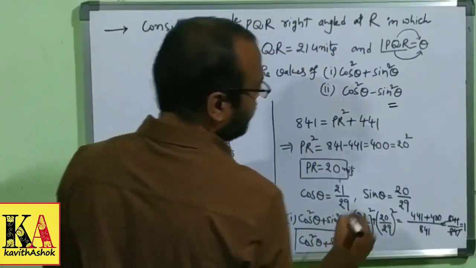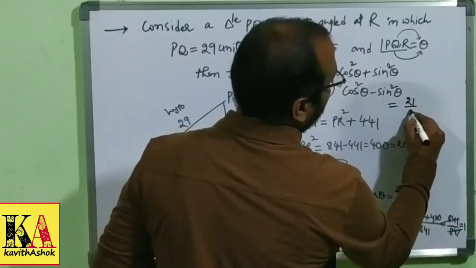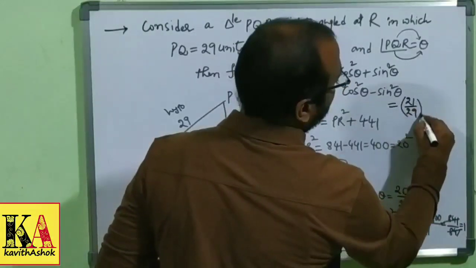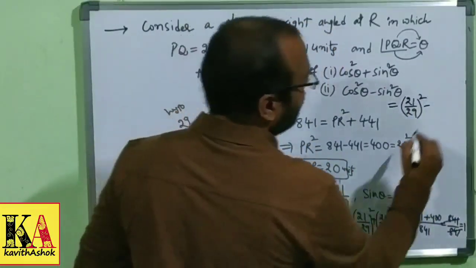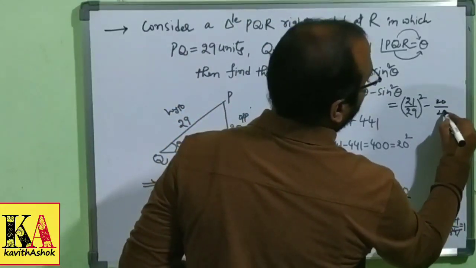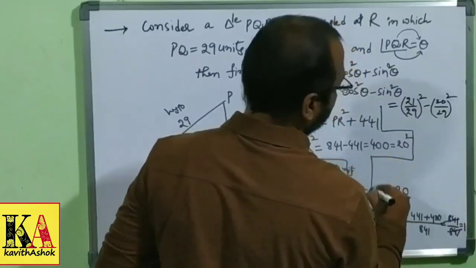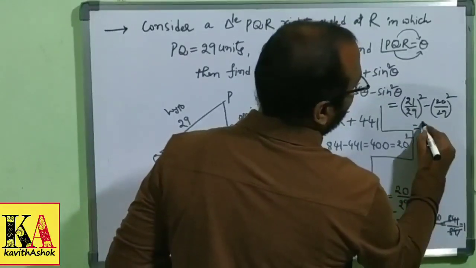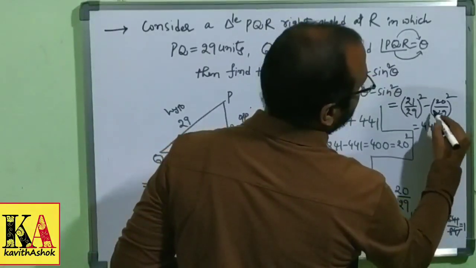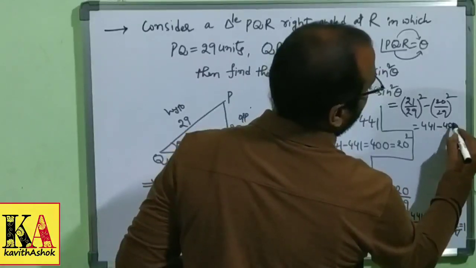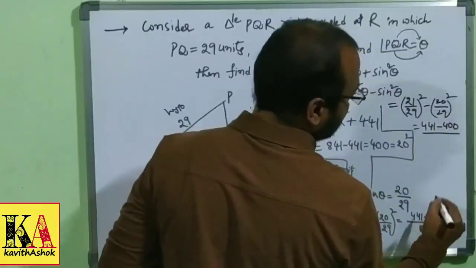Again cos is (21 by 29) whole square minus (20 by 29) whole square. Right, this is equal to again 441 minus 400 by 29 square, in the sense 841.